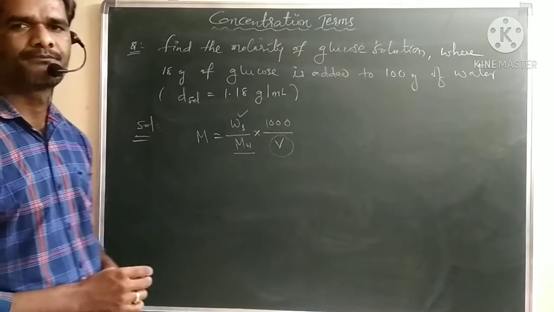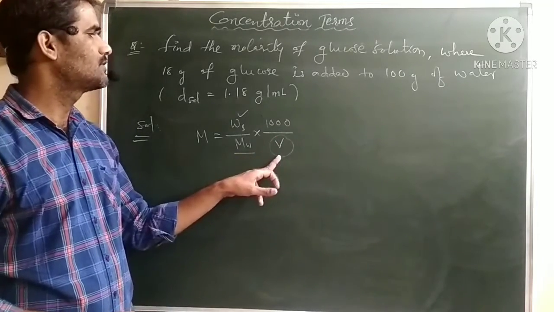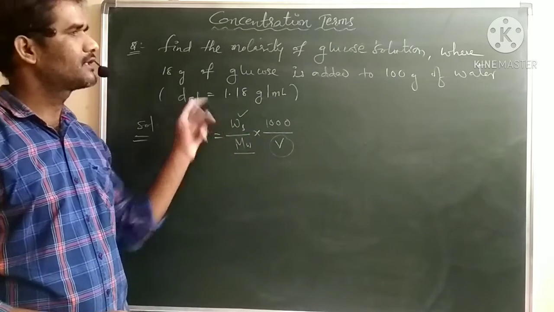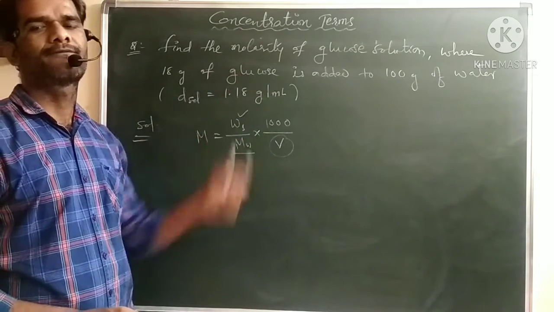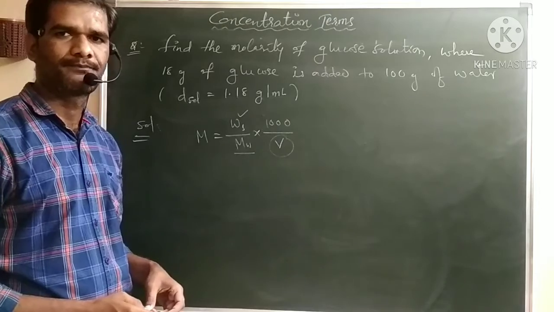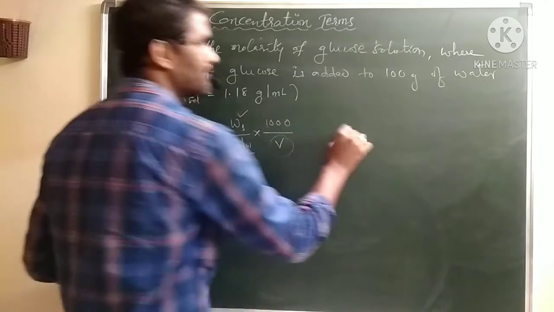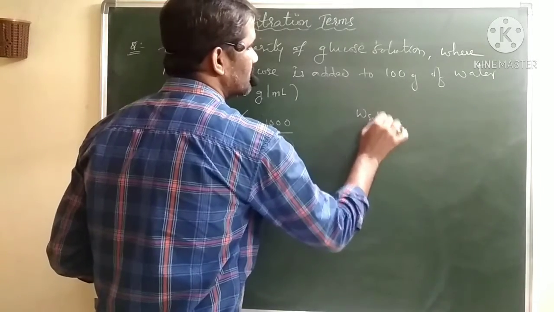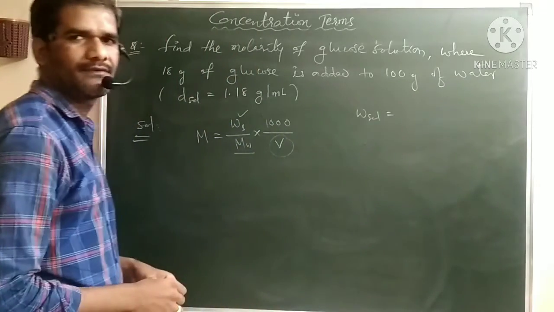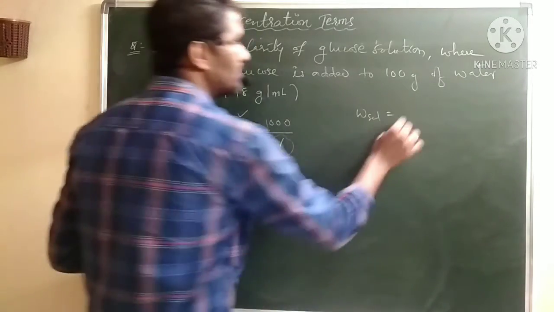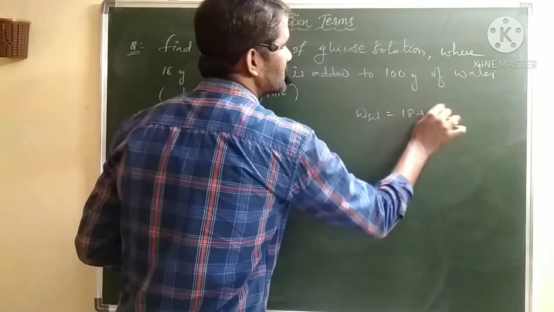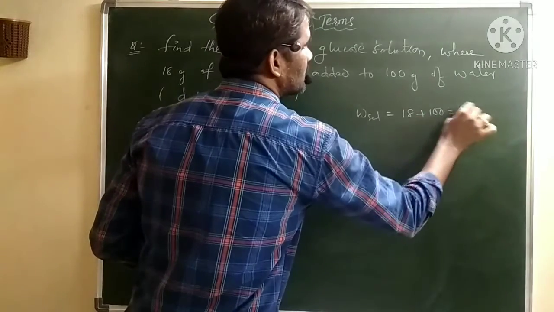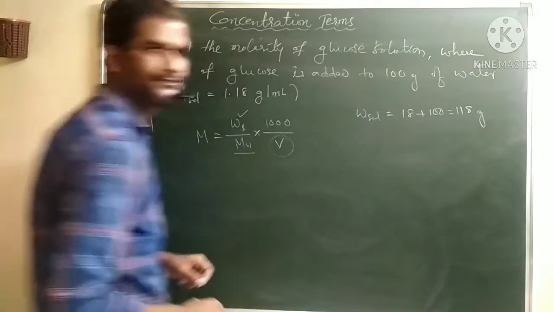To calculate the volume of solution, they give the density of solution and the weights of solute and solvent. First we'll calculate the weight of solution. What is the weight of solution? Sum of solute and solvent. 18 plus 100, 118 grams.